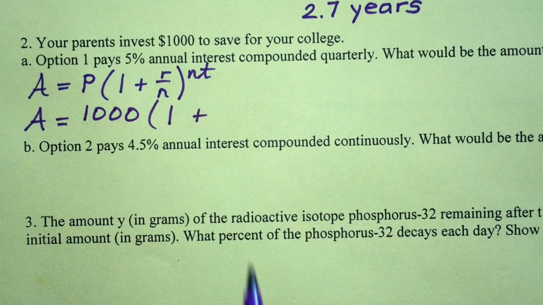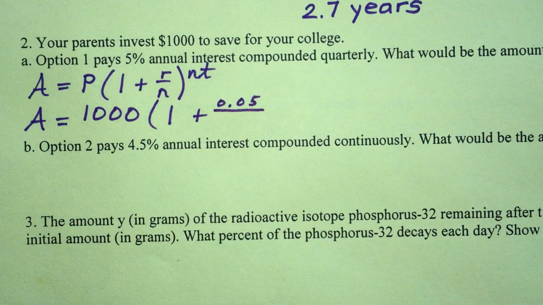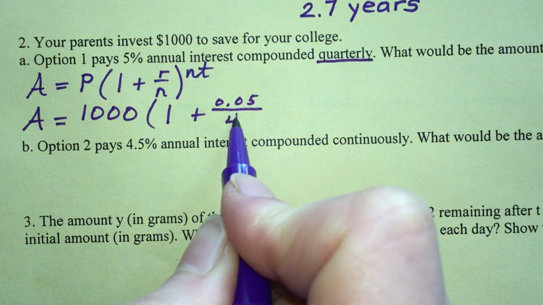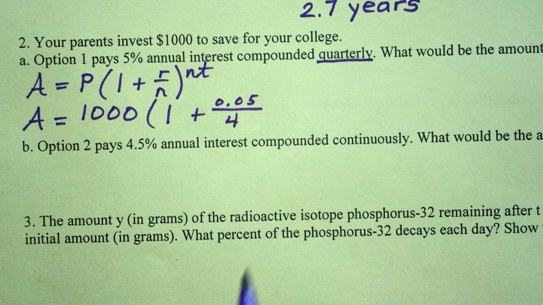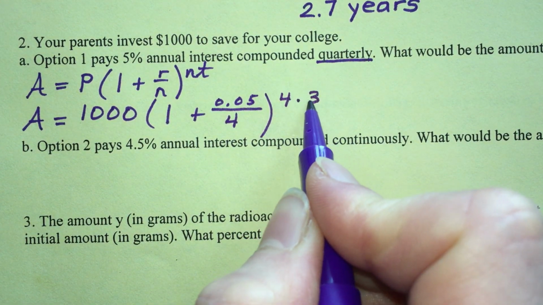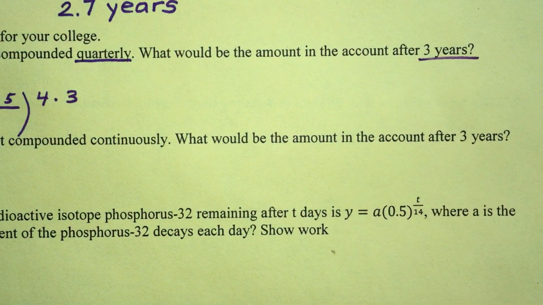The 5% is the rate, but we need to write that as 0.05. It gets divided by however many times per year we're getting the interest, and that is quarterly, so 4 times per year. To the 4 times 3 power, because it said what would be the amount after 3 years.